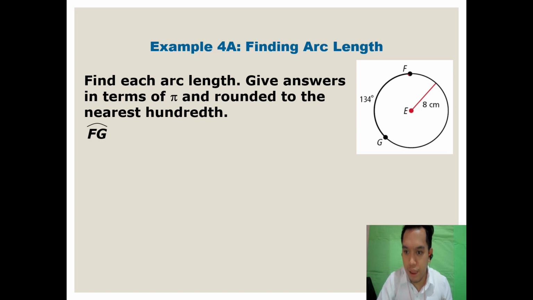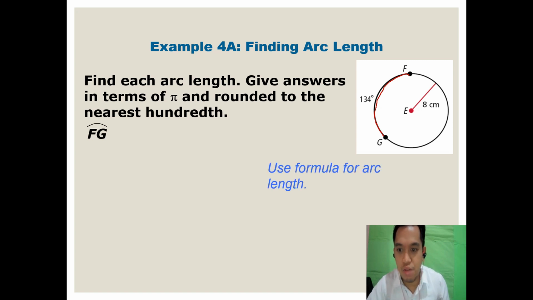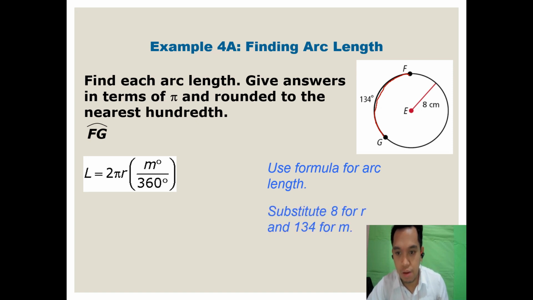Ito yung ating arc FG. Okay, so to find the arc length, use the formula for arc length. L equals 2 pi r times m degrees over 360 degrees. Then substitute the value of r. Okay, substitute 8 for r, which is the value of our radius, and 134 for m.